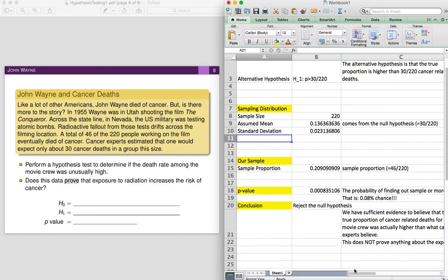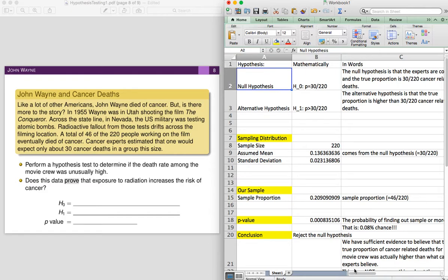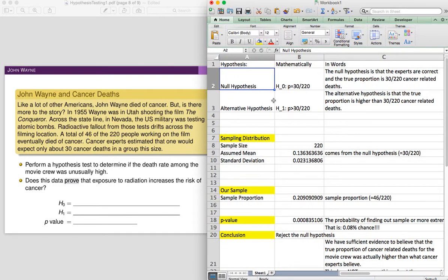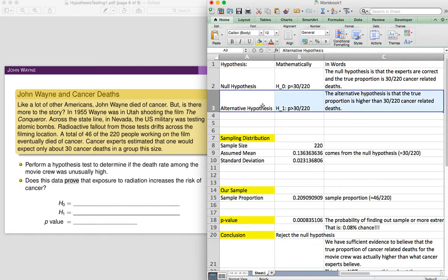So let's go back through the ideas one more time real quickly. The null hypothesis states something about what we are assuming to be true in the population. The alternative hypothesis states an alternative to that, usually something that we are trying to prove or trying to establish as the new truth.